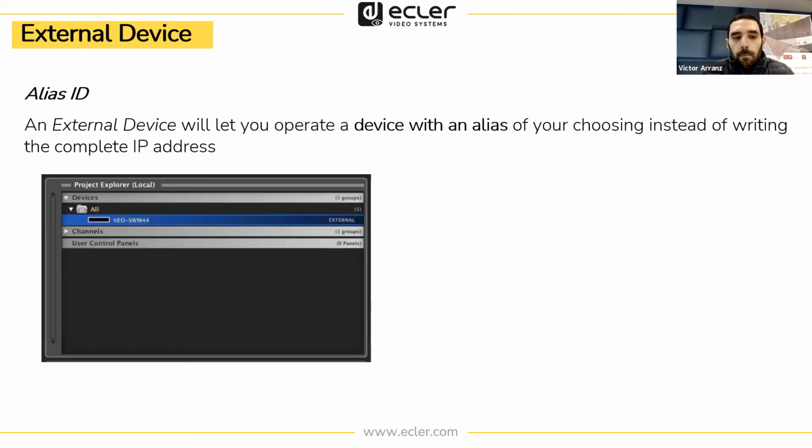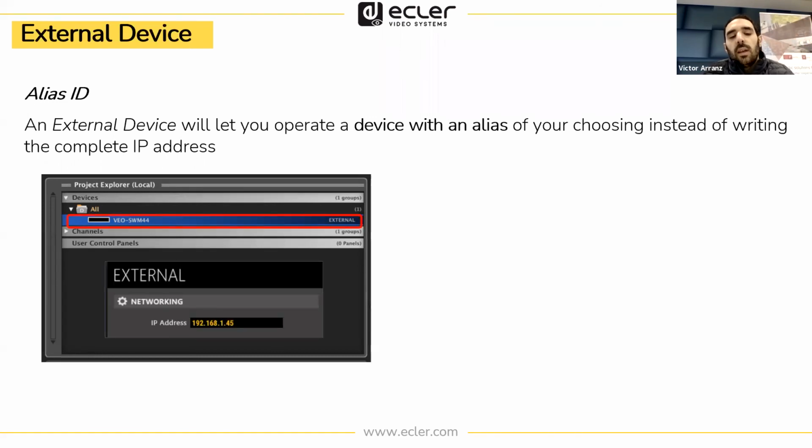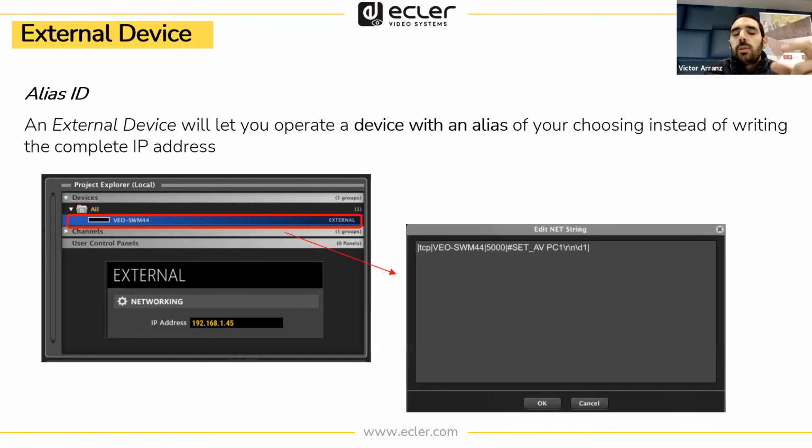In that case, an external device will ease this task, because it will act as an interface between EclerNet Manager and the product. So when we open this virtual device, this external device, and we name it with an alias, we can fix a specific IP address and use it later when we type the command.